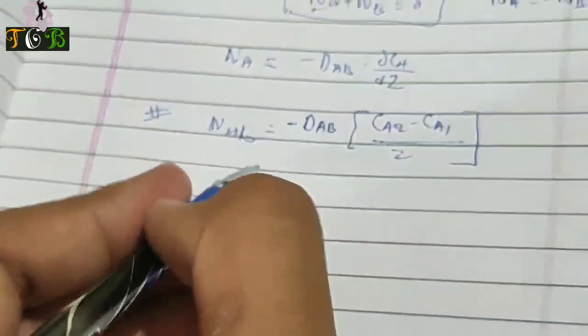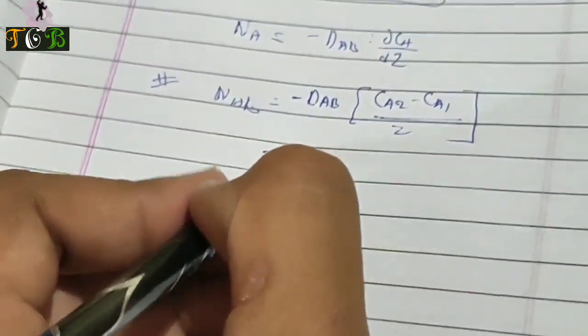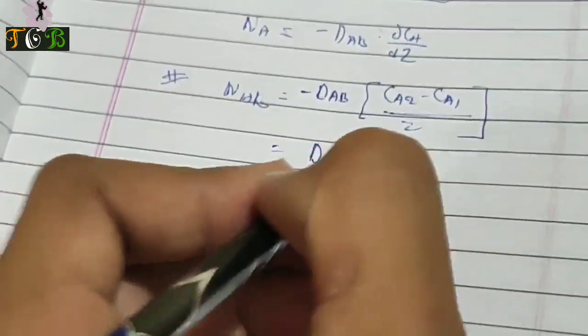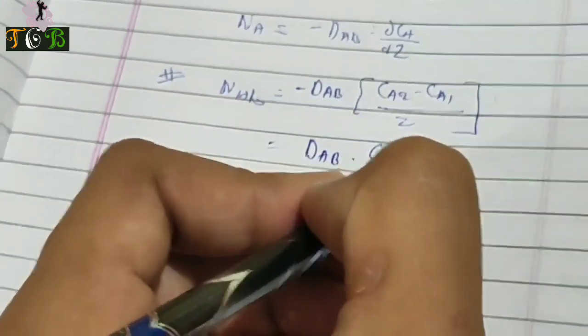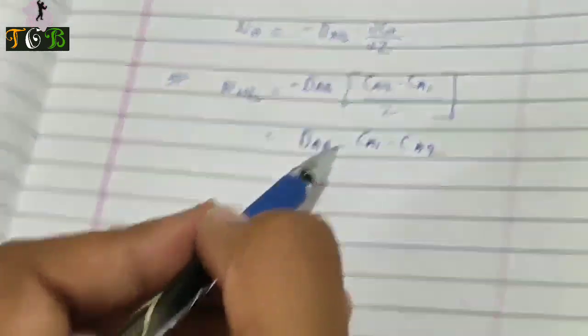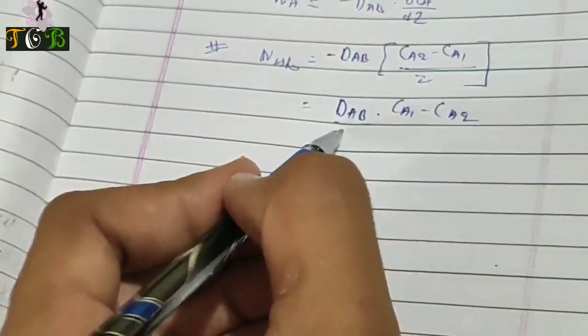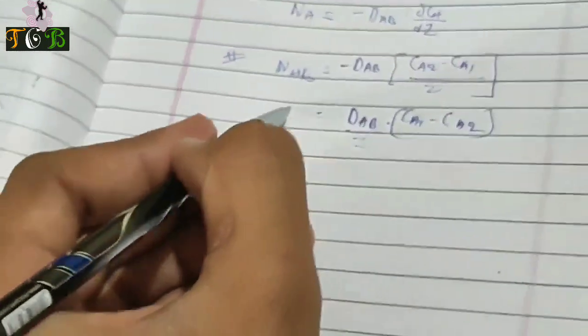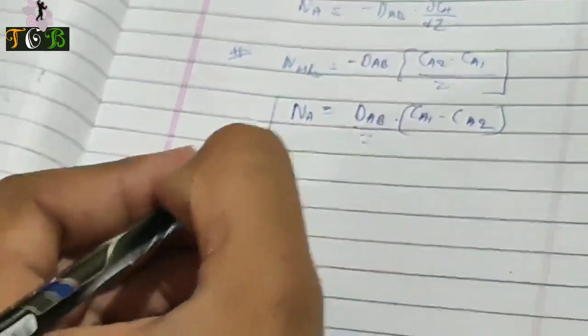You can edit it, and it will be Dab into (Ca1 minus Ca2), sorry for that, divided by z. And this is the first equation for the counter current.